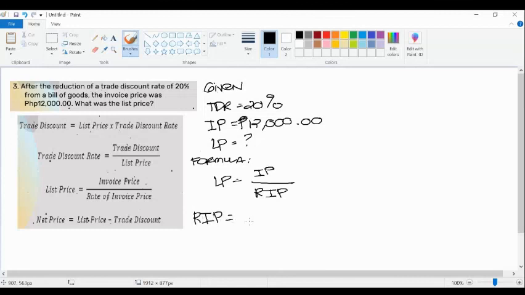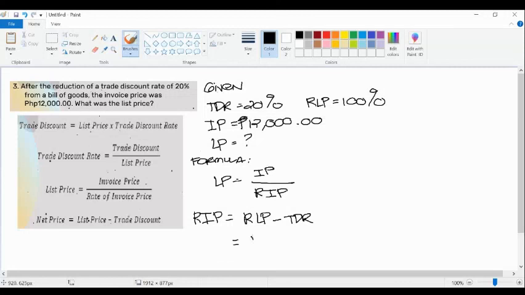That is rate of list price minus your trade discount rate. And what is the rate of your list price? So that will be 100%.